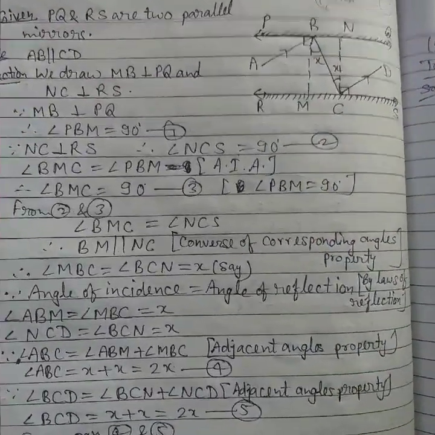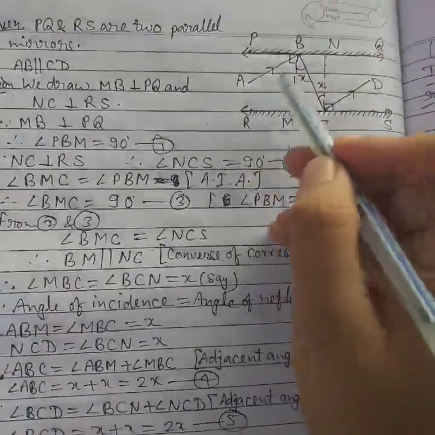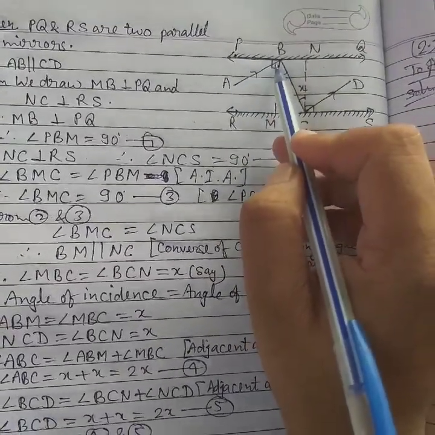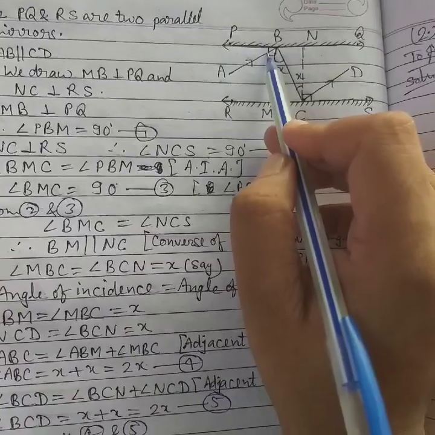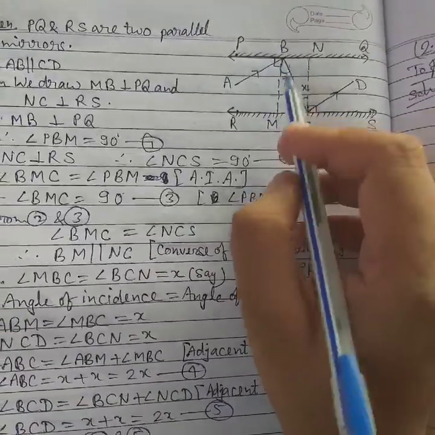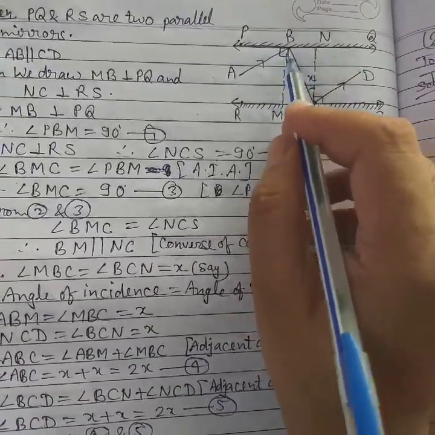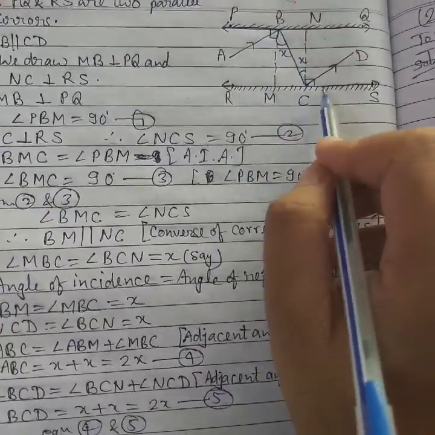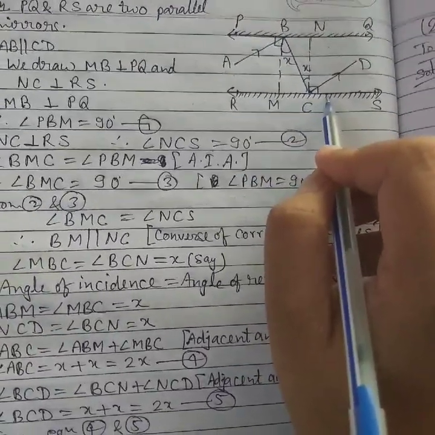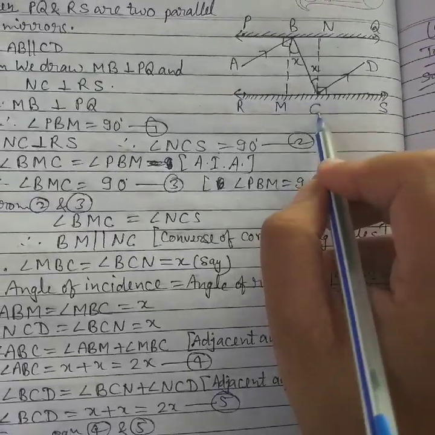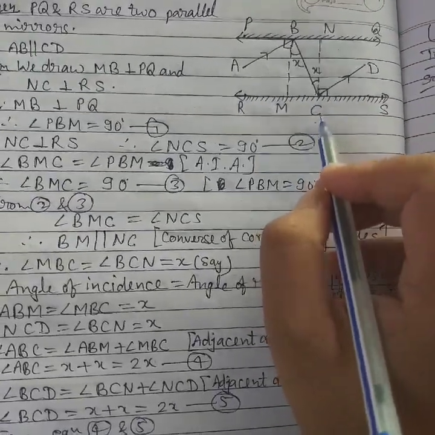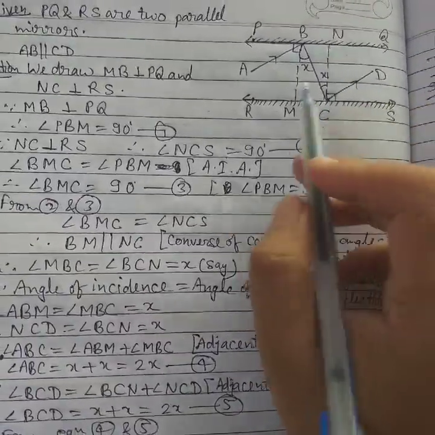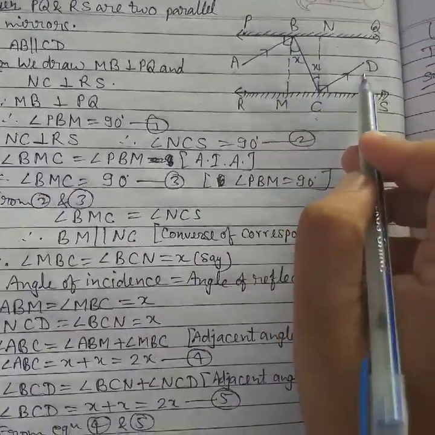An incident ray AB strikes the mirror PQ at point B. At B, the reflected ray moves along the path BC and strikes the mirror RS at C, and again reflects back along CD. Prove that AB is parallel to CD.